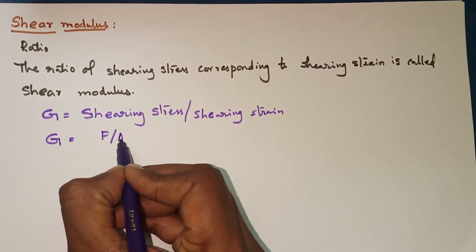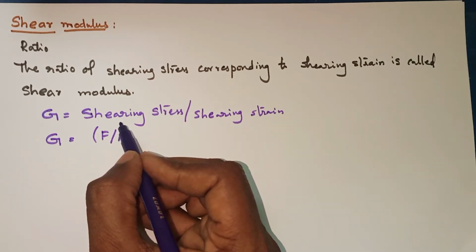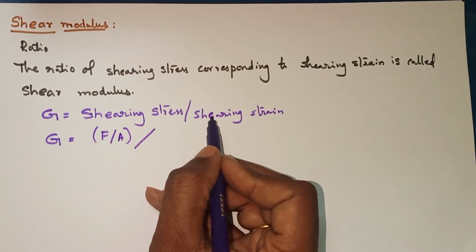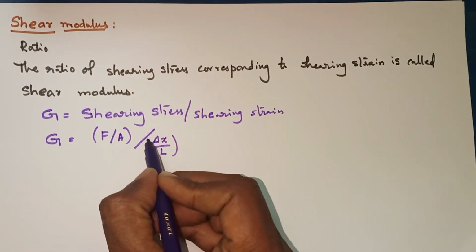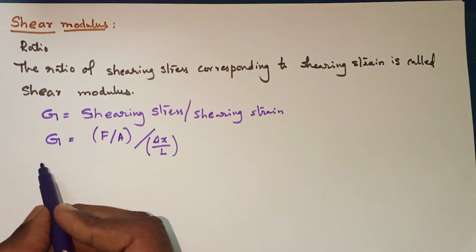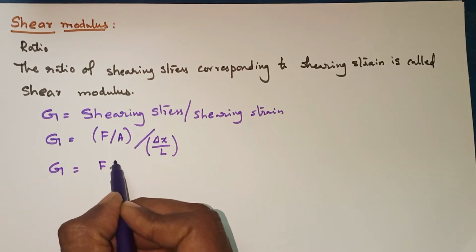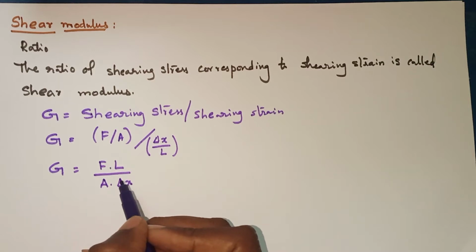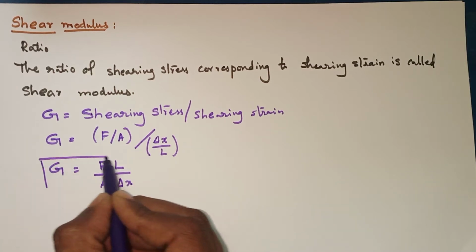F by A, force per area, is the shearing stress, by shearing strain, which is called delta x by L, the change in length of the upper side to the side length. Now, G is equal to F into L by A into delta x. This is one type of formula.